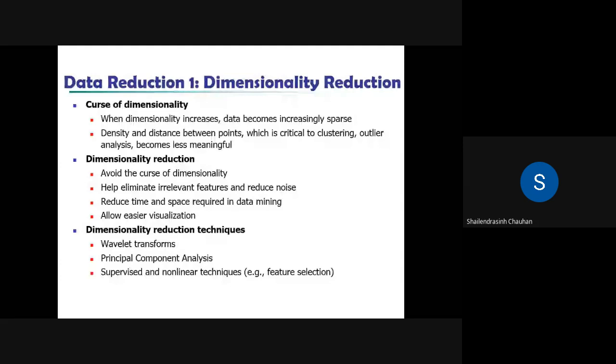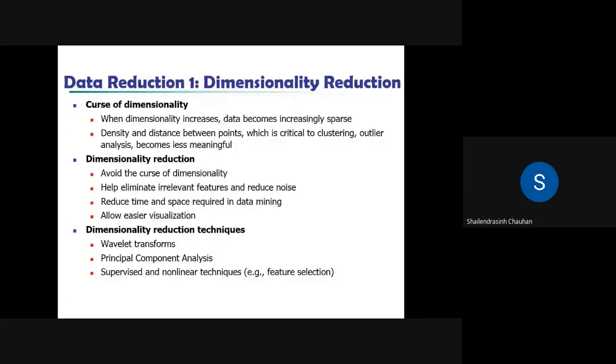Fine. In dimensionality reduction, we are avoiding the curse of dimensionality, we are avoiding those two points.